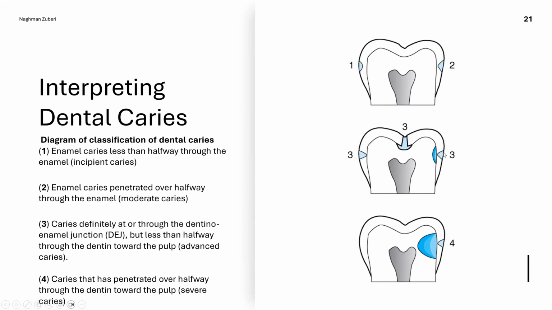When the caries penetrate through the dentino-enamel junction, they will first progress along the dentino-enamel junction, and then they acquire the shape of another triangle whose base will be towards the dentino-enamel junction and apex will be towards the pulp.